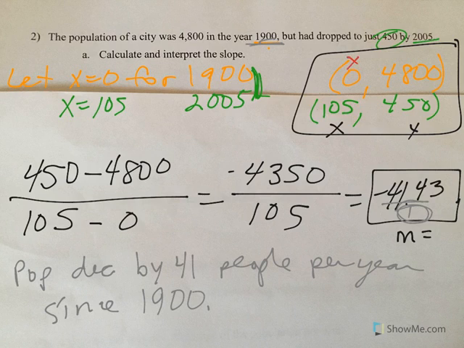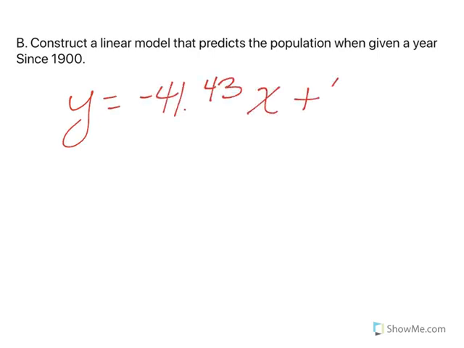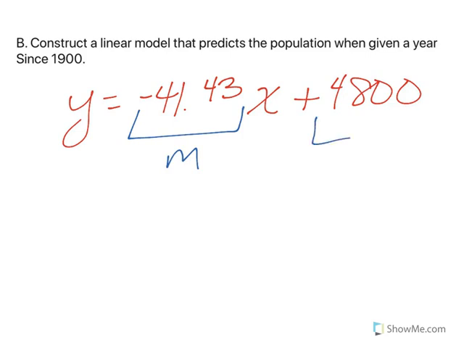Since this is my x value of 0, my y-intercept is 4,800. So I've got a slope of negative 41.43 and a y-intercept of 4,800. When I write my model, I have my slope of negative 41.43 times x plus my y-intercept of 4,800. You just plug your slope in here, your y-intercept goes here, and x and y remain x and y.